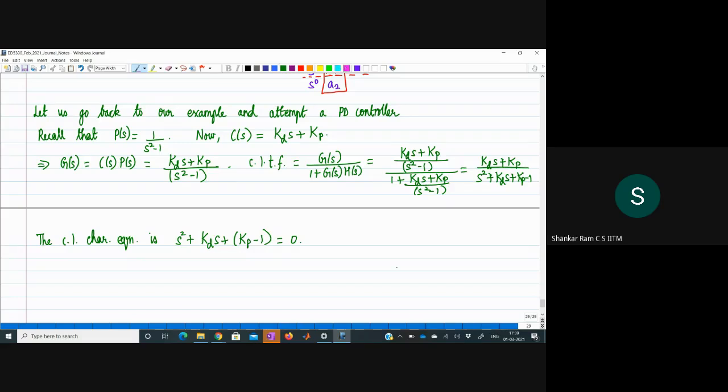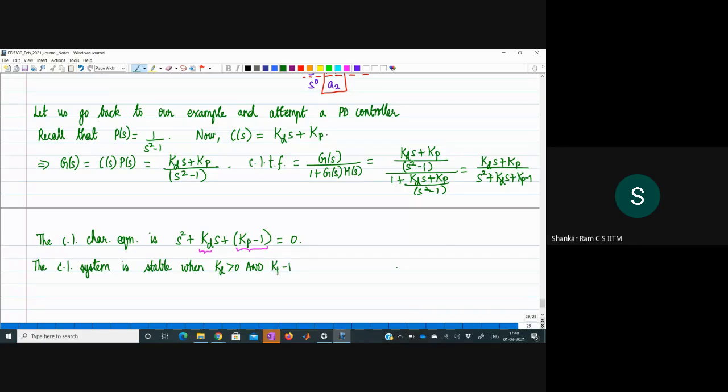Now, if you look at this particular second order polynomial, the coefficient of s squared is plus 1, so it is already positive. There are two more coefficients, KD and KP minus 1. Consequently, we can say that the closed loop system is BIBO stable or asymptotically stable when KD is greater than 0 and KP minus 1 is greater than 0.